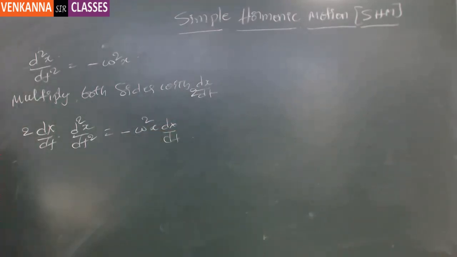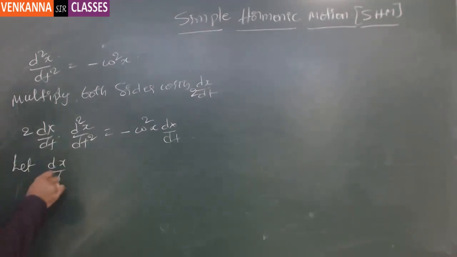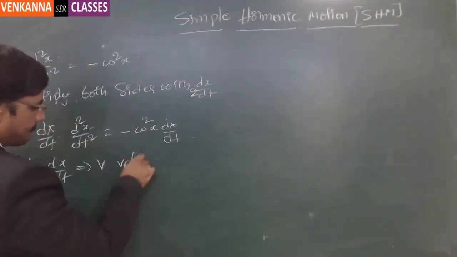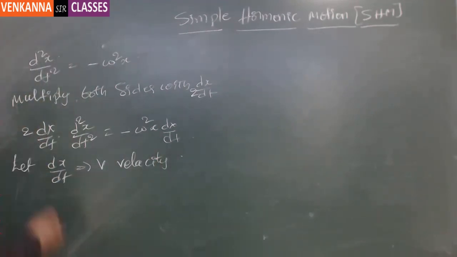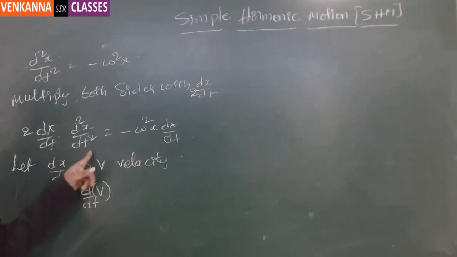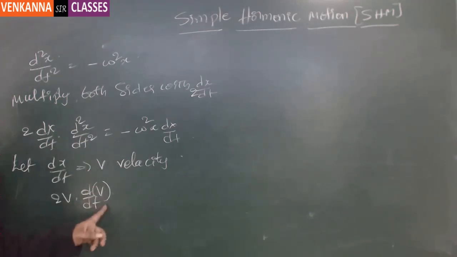Now let dx by dt equal to v, which is the rate of change of displacement, called the velocity. If you replace it here, 2v d by dt of v, because d square x by dt square can be written as d by dt of dx by dt.